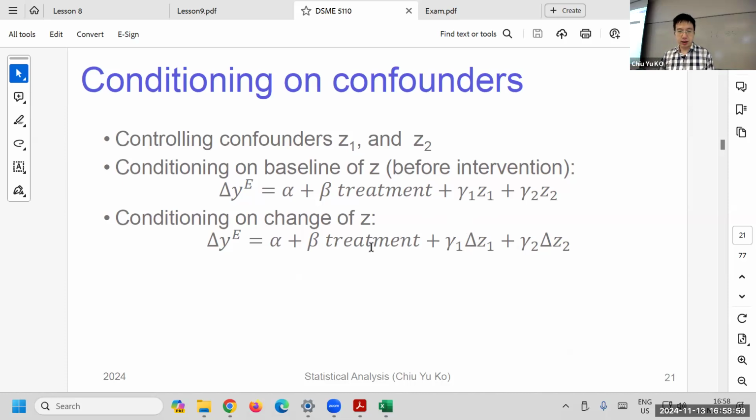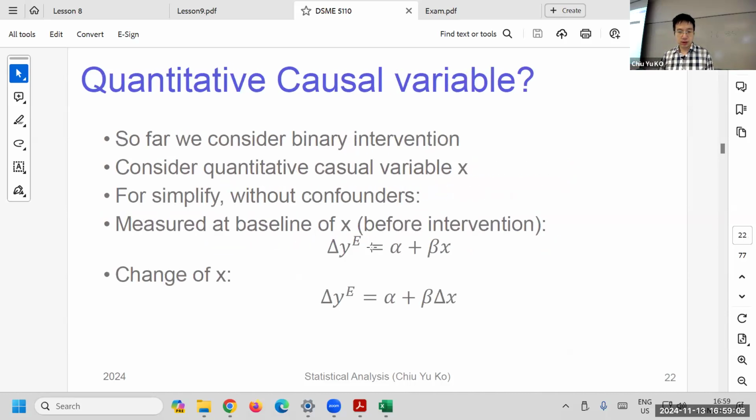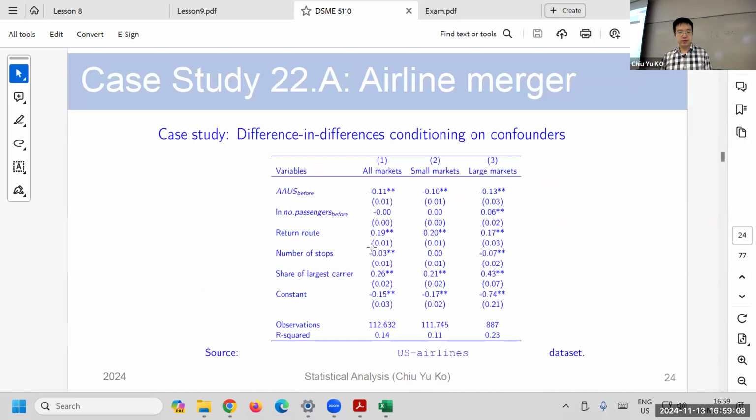For example, you want to control the firm characteristics, like whether they have a return route, the number of customers, the number of stops on the trip, right? So whether you have a stop or layover, you control all this because of the price of the ticket, you control many characteristics, okay?